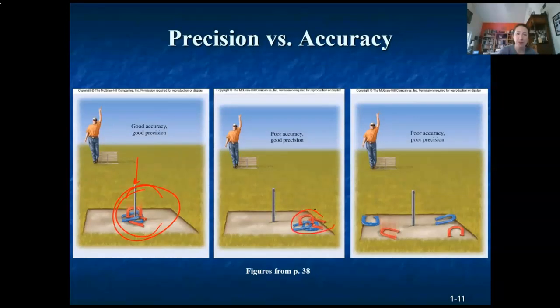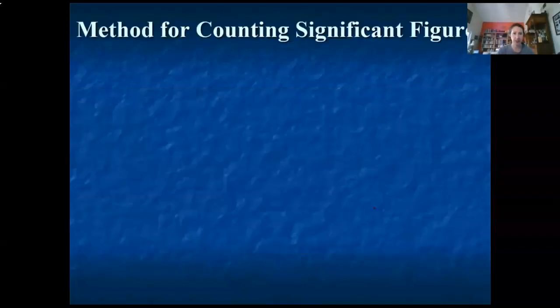This one would be precise because it keeps landing in the exact same place, but definitely not accurate because it's nowhere near where the actual target is. This would be me playing: neither precise nor accurate, not anywhere near close to where it's supposed to be, and randomly thrown everywhere. So hopefully that will help you with accuracy versus precision.